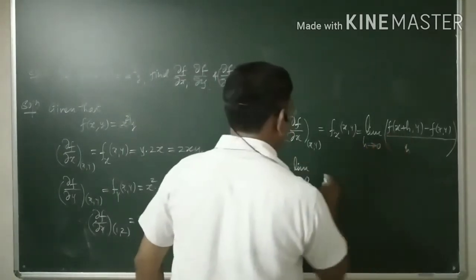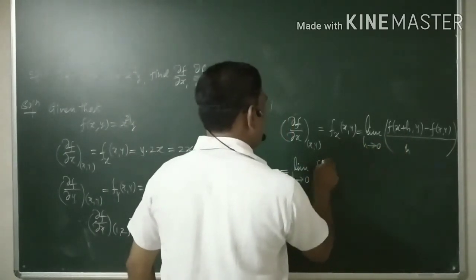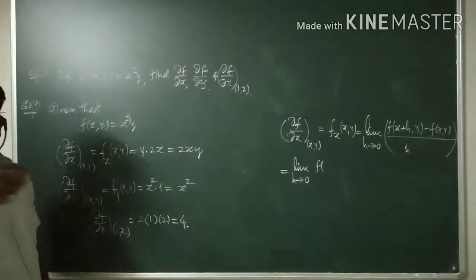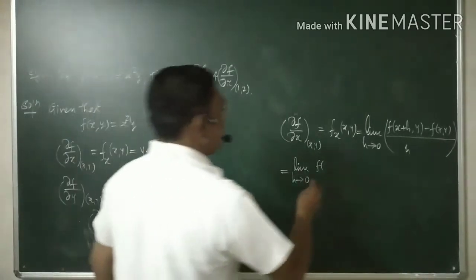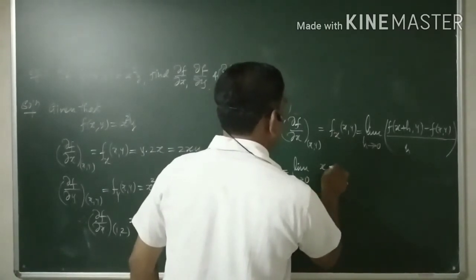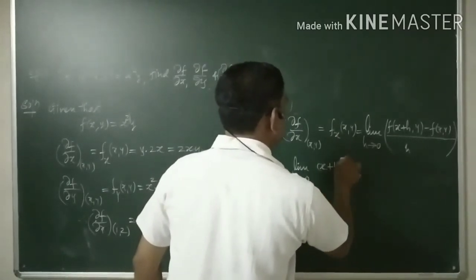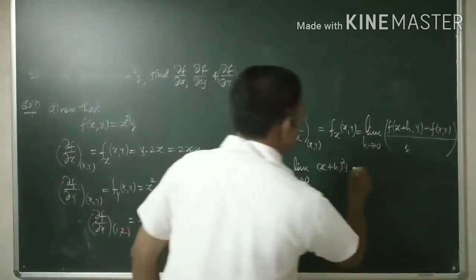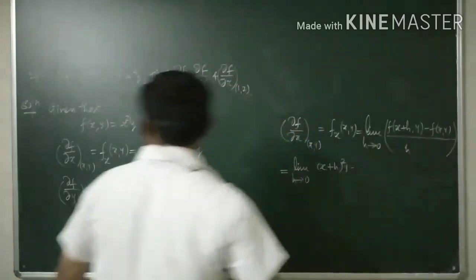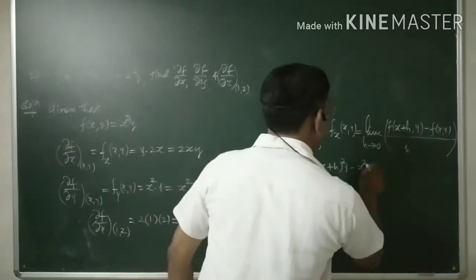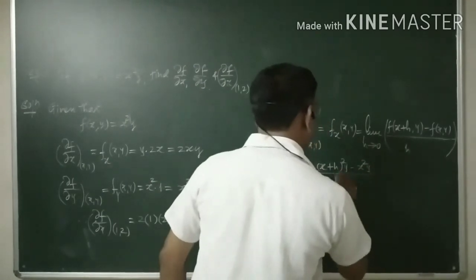f(x + h), wherever there is x, you need to put x + h. Therefore, f(x + h) is (x + h)² y, minus f(x, y). f(x, y) is x²y, right? x²y divided by h.